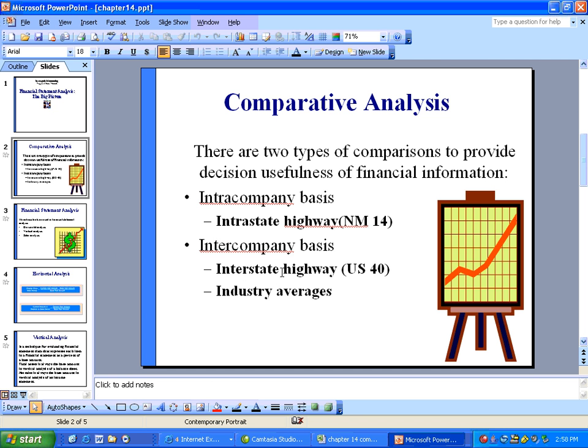Think of an interstate highway that isn't only within New Mexico, like US Highway 40, but it connects New Mexico to Texas and then going out the other side to Arizona. Also, when we do an intercompany analysis, we can use industry averages. Rather than just comparing to one company, we can compare to a group of companies if we have the information.